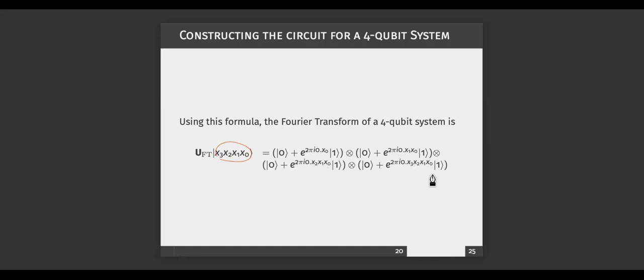I would definitely make this an exercise for you guys. Now, consider the following series of transformations. What you want to do is apply the series of transformations to a register containing qubits x0, x1, x2, x3.